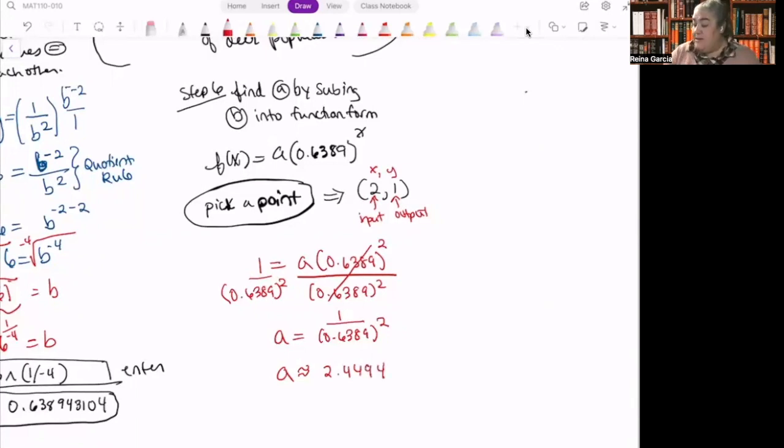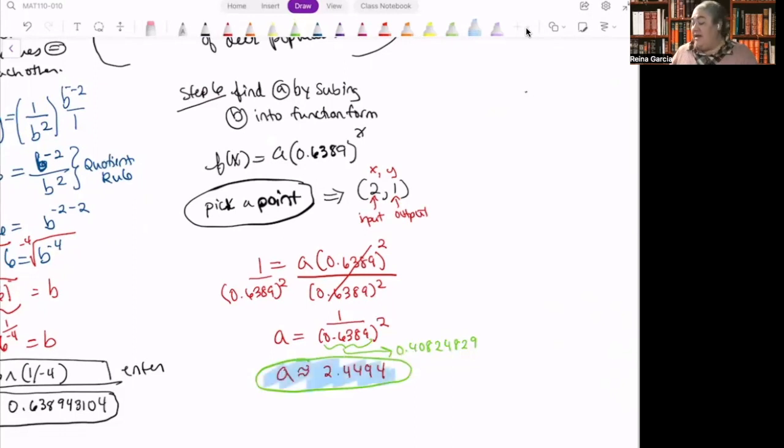If you're curious, this squared comes out to approximately 0.40824829, and then you divide 1 by that. That's how you find out what a is, and we'll highlight that in blue.